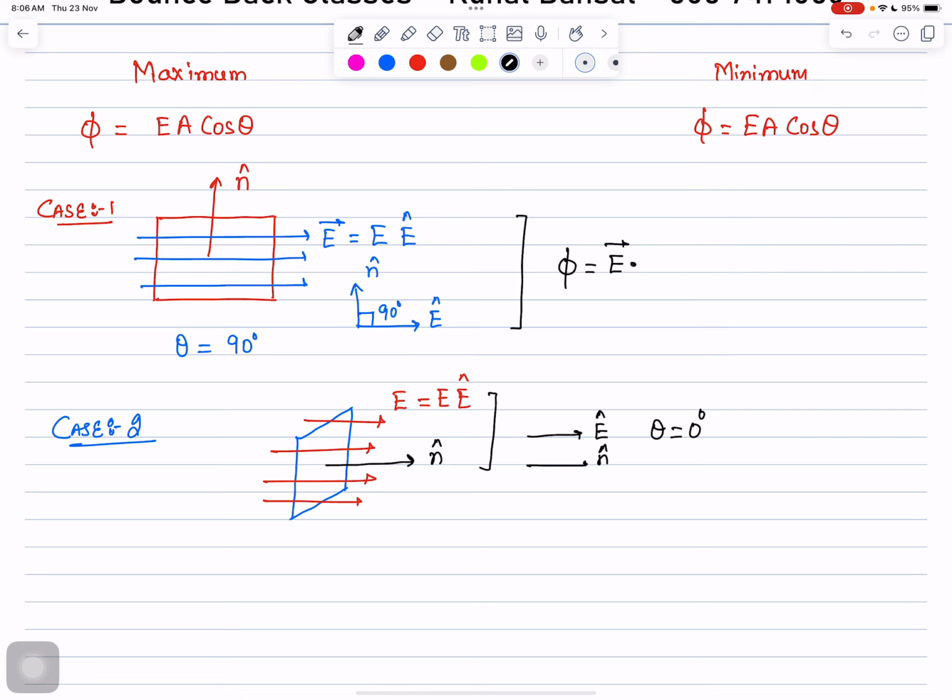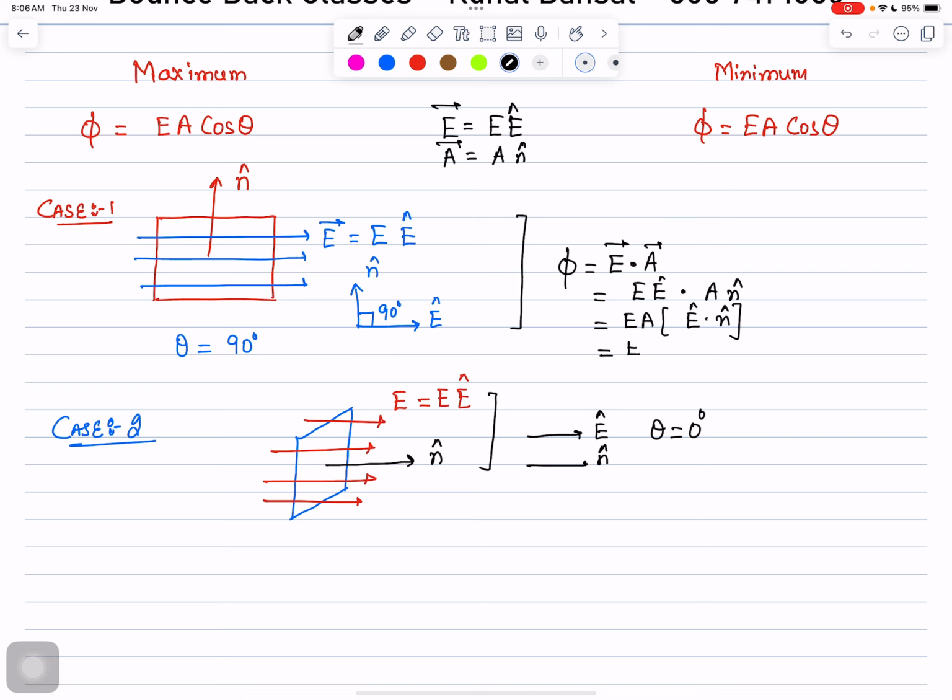So if you solve the first part now and the second part, we know phi is equal to E vector dot A vector. Now solve them properly, so that you can understand. Can I write E vector is equal to E times E cap and A vector as A times n cap. So write it. E times E cap dot A times n cap. So take out the magnitude value. E and A both are magnitude, bracket, E cap dot n cap. So what is the angle between them?